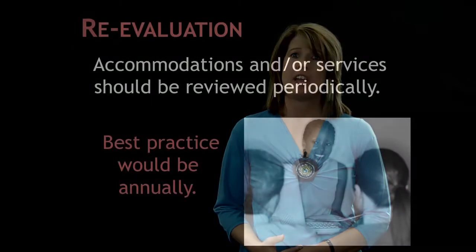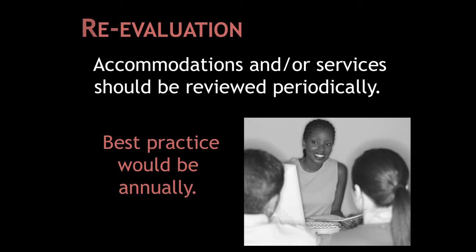Once your child is found eligible for Section 504 accommodations and services are being delivered, your child's accommodations and/or services must be reviewed periodically. Best practice would be at least annually.